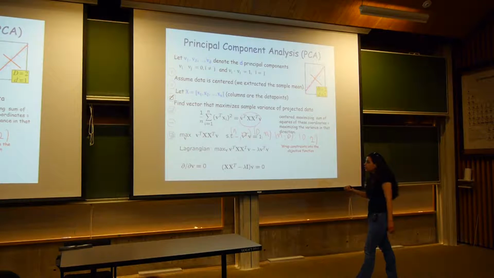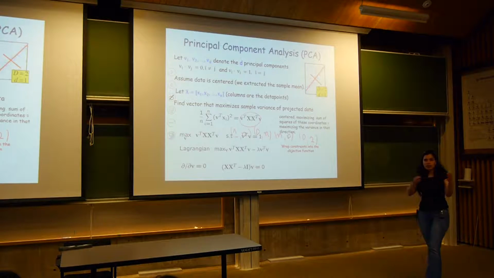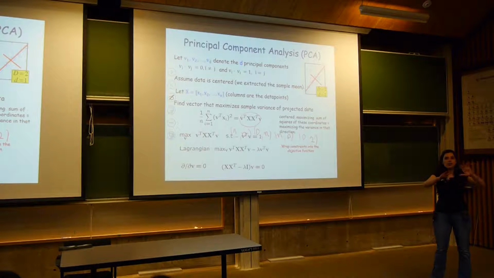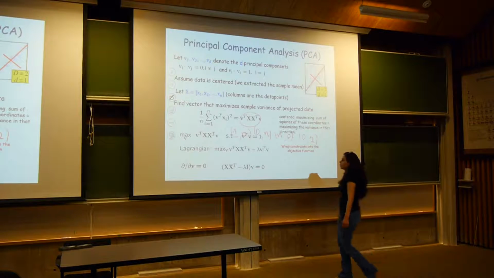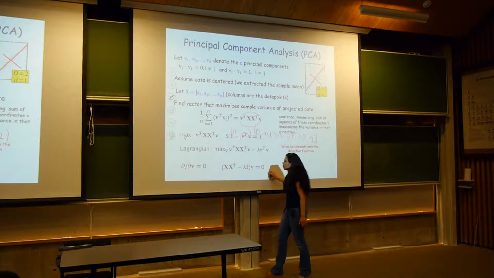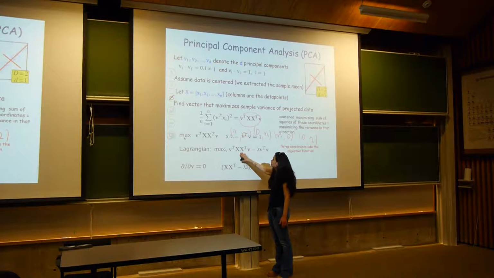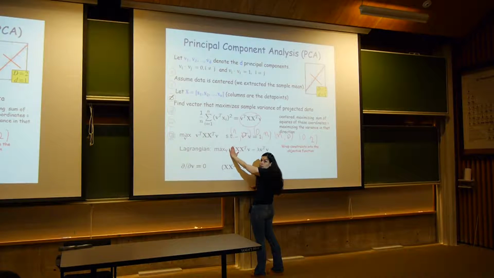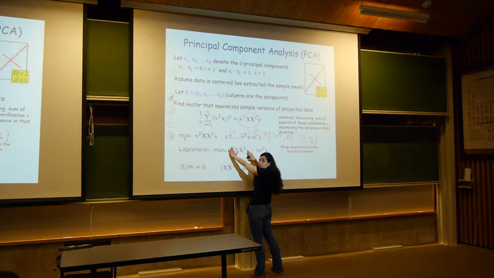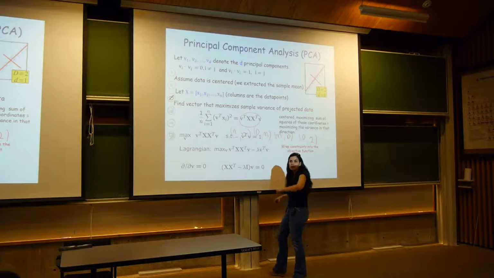And if I compute the gradient here and use properties of gradient computations with matrices and vectors, I get this equality over here. Because the gradient of V transpose X X transpose V with respect to V, we just drop one of these V's. It will be X X transpose V, just a matrix computation, okay?